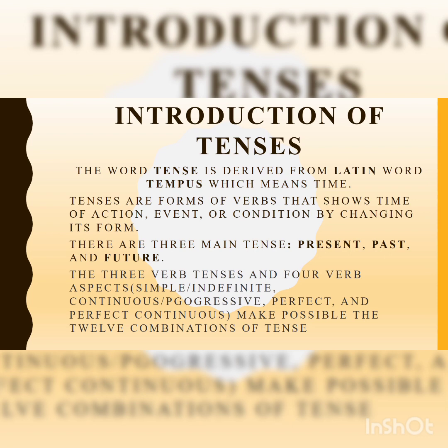The four aspects are the simple, which is also known as indefinite, then the second is the continuous, which is also known as the progressive, the third is the perfect, and the fourth one is the perfect continuous. They make possible the 12 combinations of tenses in English language. So let me discuss each one by one.